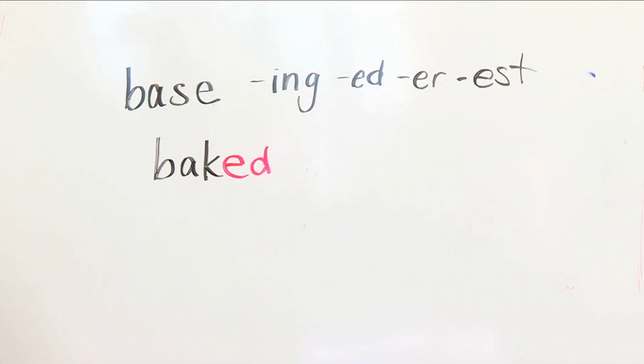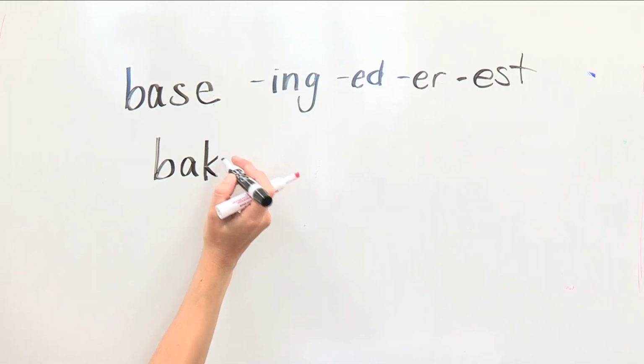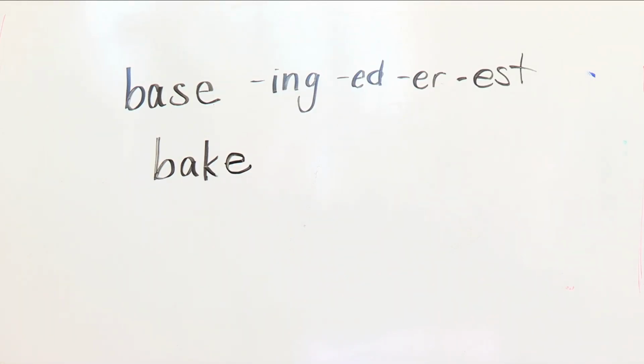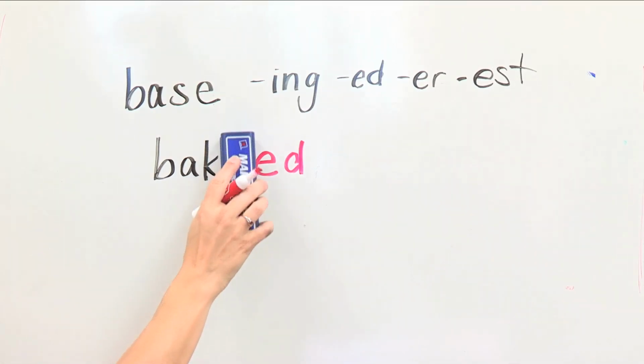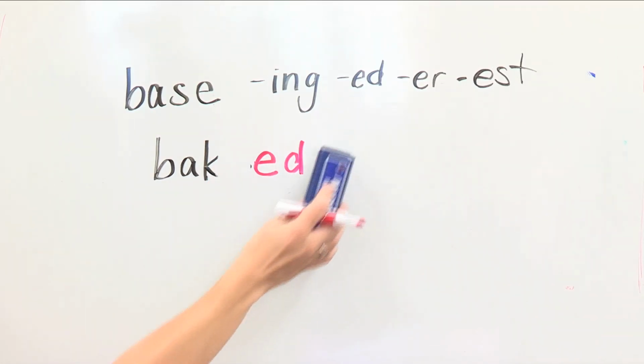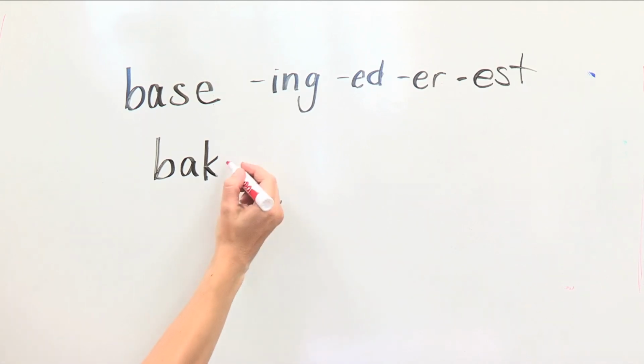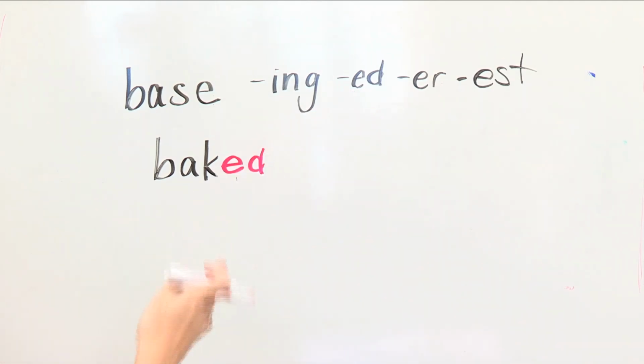If they don't do that, they might think baked is spelled as bakeed, and obviously that fails the does it look funny test. That looks weird. So they need to understand that you dropped that E and you added ED. So keep that in mind. For words that end in silent E, when you want to make it past tense, you really got to make the students understand you dropped the E and then you added ED, because ED come together. They're not separate.